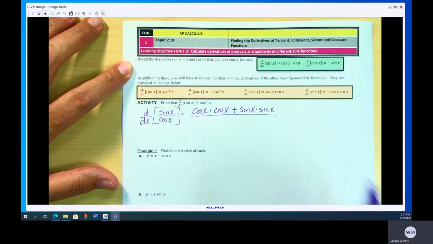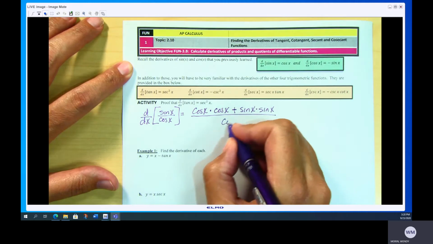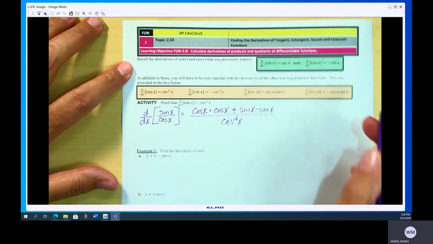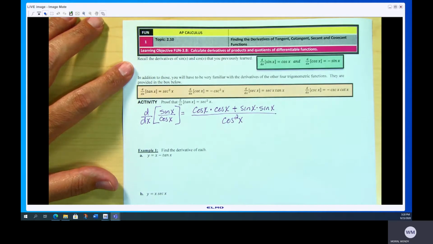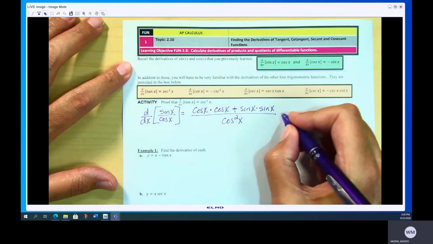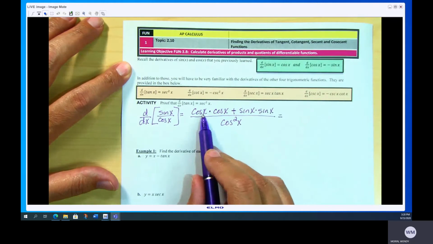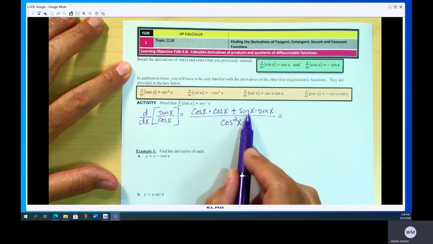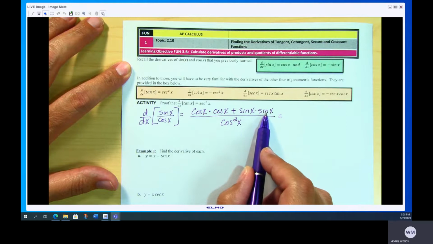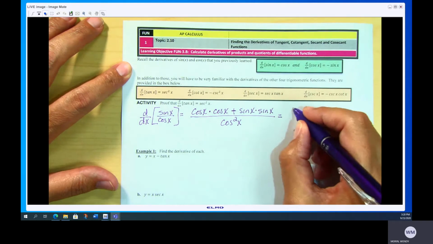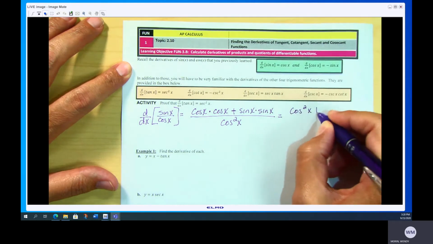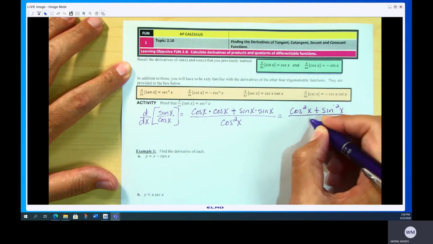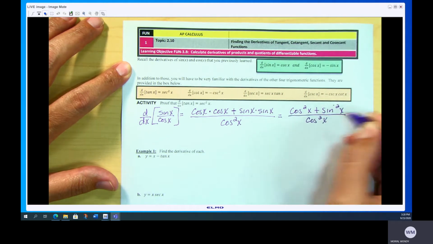All over, don't forget the denominator squared. And that's how you write cosine of x squared. So in the numerator, you can see we have cosine squared x plus sine squared x, all divided by cosine squared x.